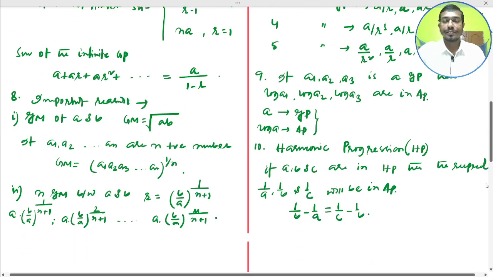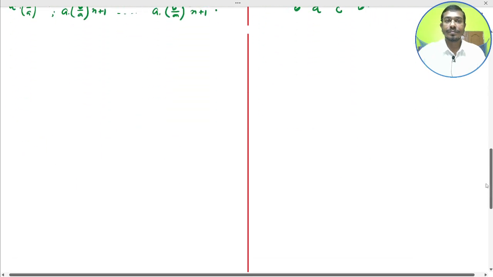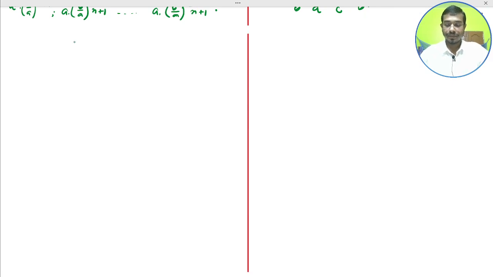Next, if A1, A2, ..., An are in HP, then 1/A1, 1/A2, ..., 1/An are in AP.